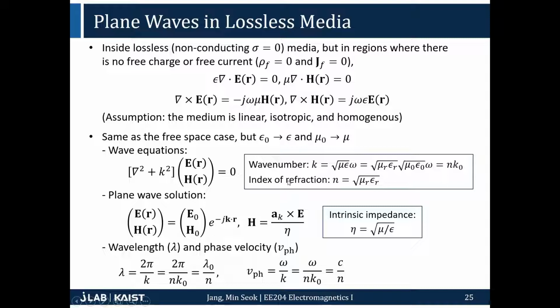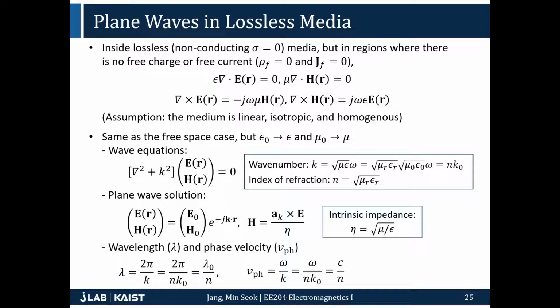This value is called the refractive index, or index of refraction, or in Korean 굴절률. Most materials are non-magnetic, so mu r is 1, and epsilon r is typically larger than 1. So n, the refractive index, is typically larger than 1, right? It can be 2, 3, but usually it's between 1 and 3.